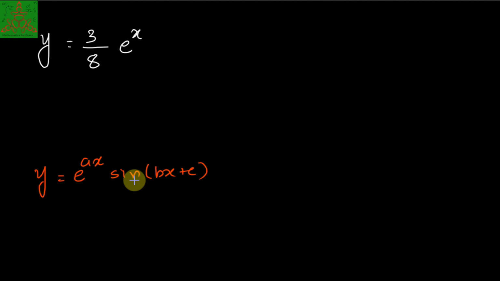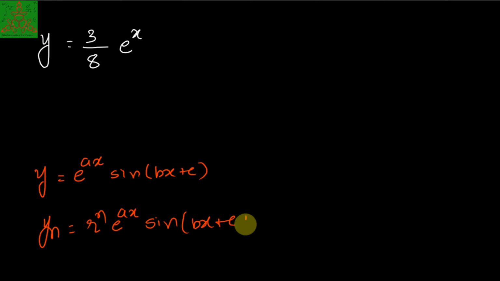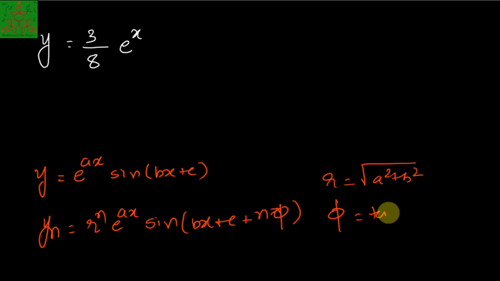The nth derivative of this quantity is r raised to n e power ax sine bx plus c plus n phi, where the value of r is square root of a square plus b square, and the value of phi is tan inverse of b by a.